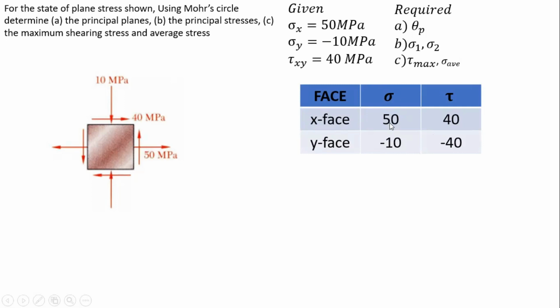So for x face, meron tayo dito 50 megapascal and then yung tau natin is 40. And then yung y face naman natin is meron tayong negative 10 as sigma and negative 40 sa tau. Kaya naging negative 40 kasi yung sa y face natin is kabaliktaran lang nung sign nung nasa x face natin.